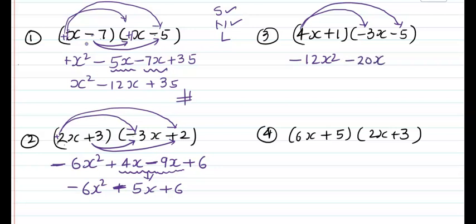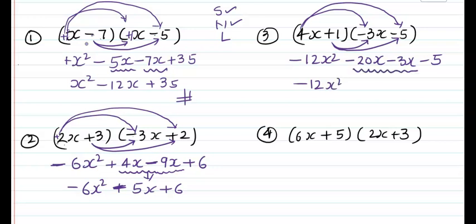Rajan, when you multiply plus 1 and minus 3x, what did you get? Minus 3x. Okay. Now, Prabkirat, when you multiply plus 1 and minus 5, what did you get? Minus 5. Thank you. So it should be minus 12x square and minus 20x and minus 3x.